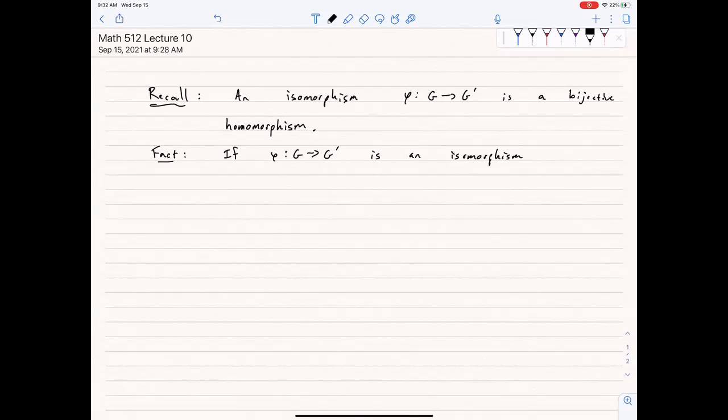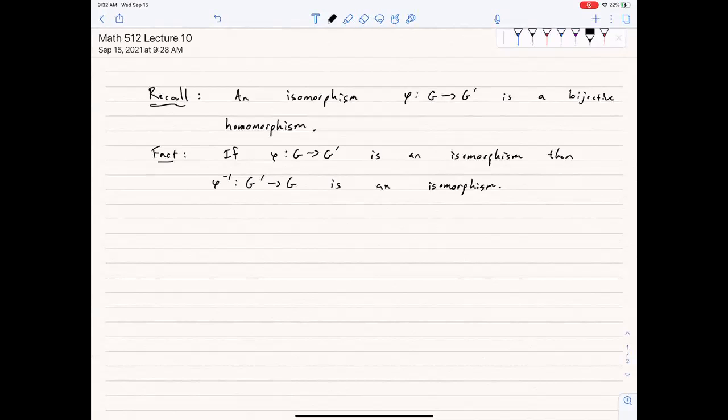So if we have such an isomorphism, then we have an inverse function from G prime to G. The fact is not that the inverse exists, but rather that this is also an isomorphism. And what you need to show there, of course, is that it's a homomorphism. It's certainly bijective, the inverse of a bijective function. So we just need to show that it satisfies the homomorphism property. That's not a hard thing.